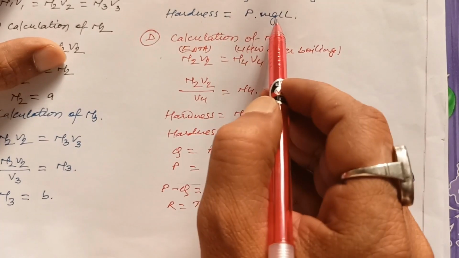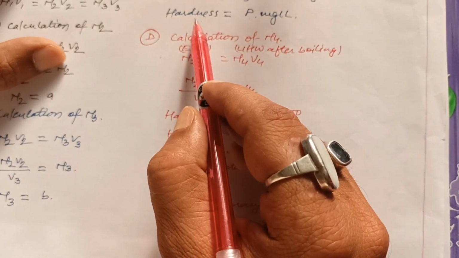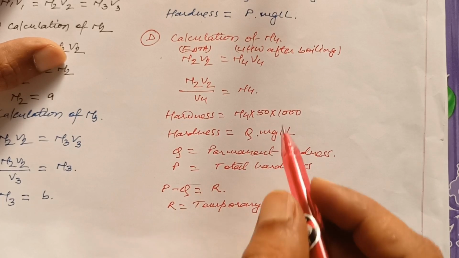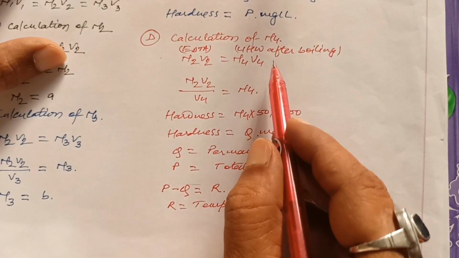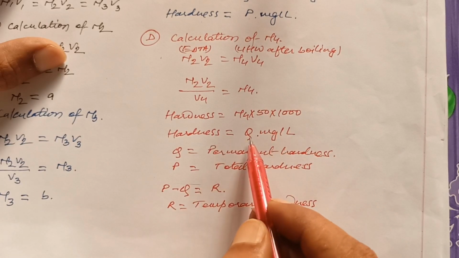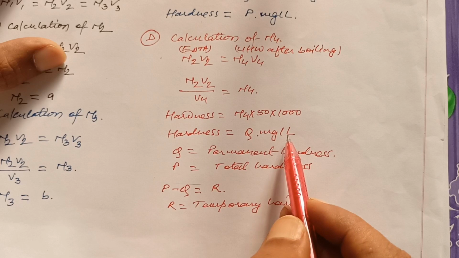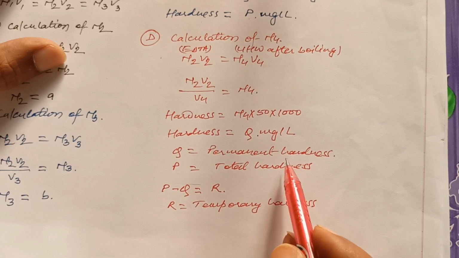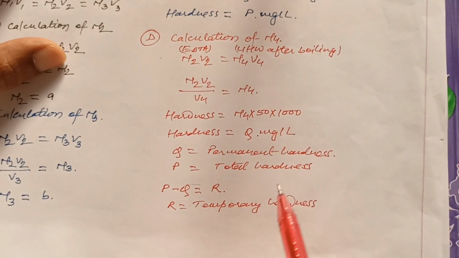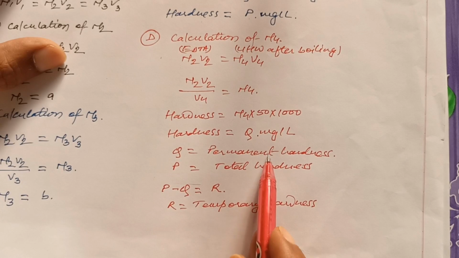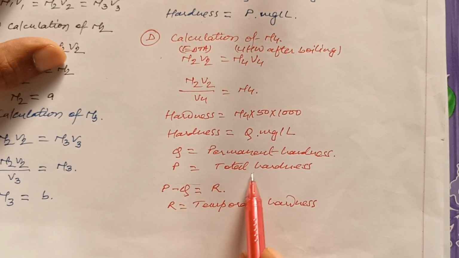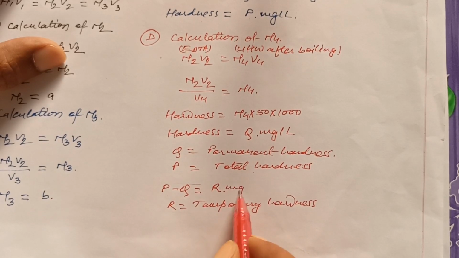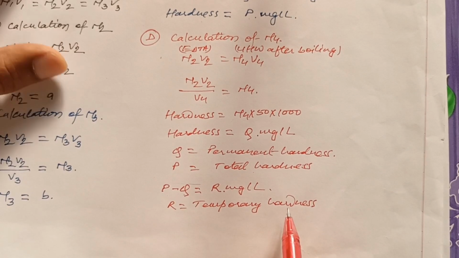The P hardness, the hardness before boiling of water, is the total hardness. Then after a 10-minute boiling we get another hardness, the Q hardness, Q milligram per liter, and this hardness is called permanent hardness because this is obtained after a 10-minute boiling. And if we subtract this permanent hardness Q from the total hardness P, we get another hardness, suppose R milligram per liter, and this R milligram per liter is called temporary hardness.